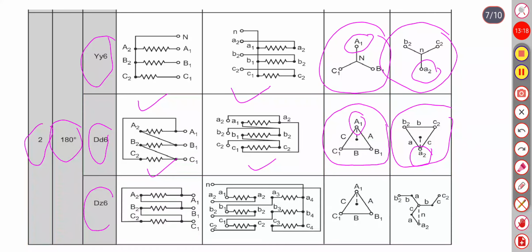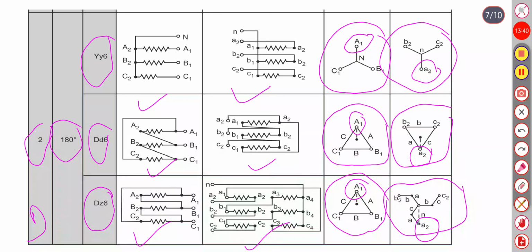Now DZ6, the primary winding or HV winding is connected in delta, where the LV winding is connected in zigzag, and the phasor diagram of 180 degree phase displacement will look like this. This is A2 and this is A1.